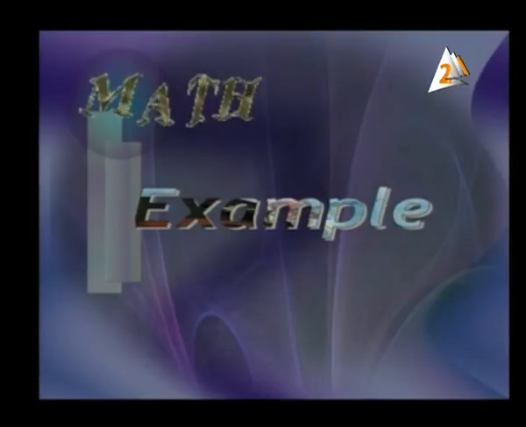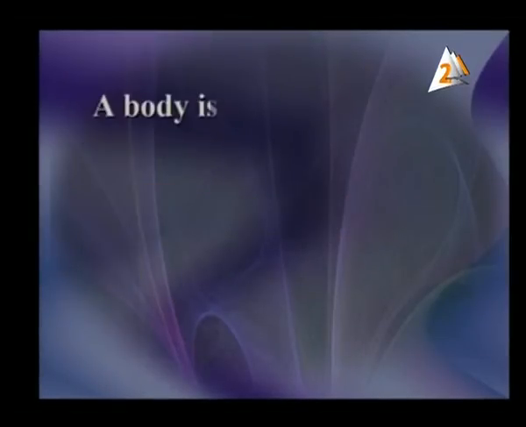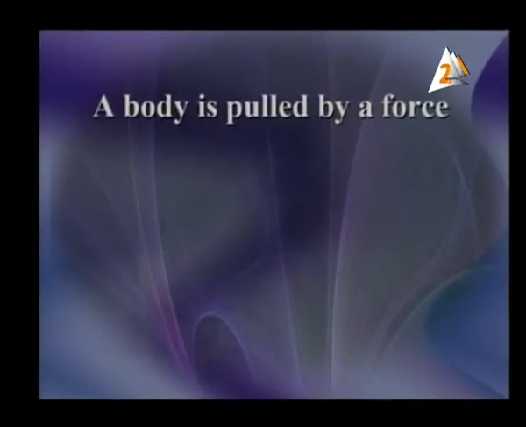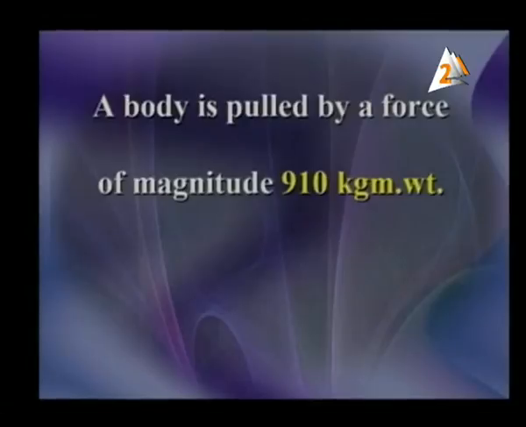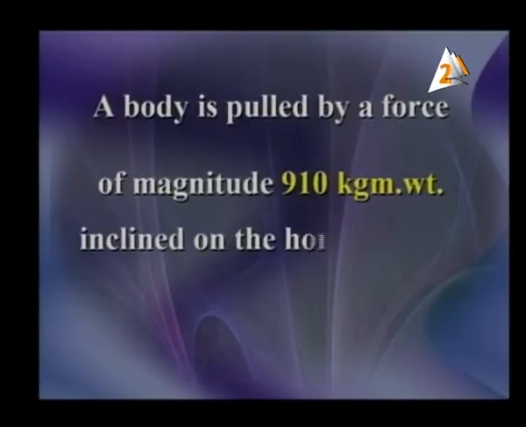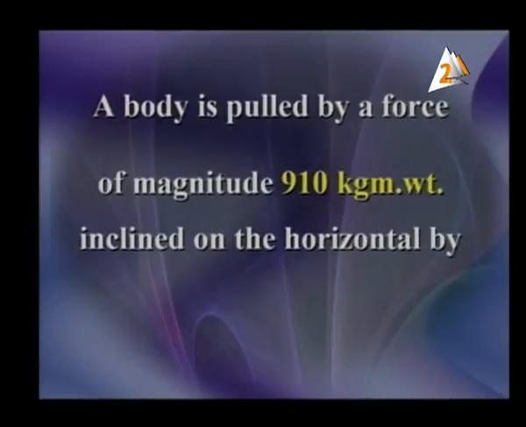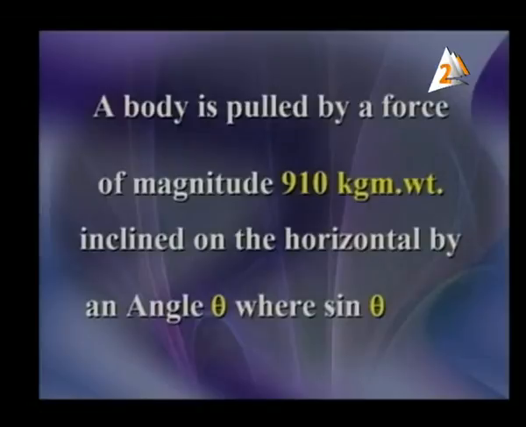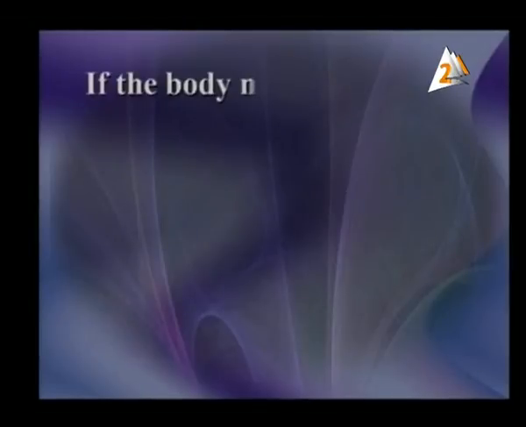Now let's go to another example. A body is pulled by a force of magnitude 910 kilogram weight, inclined on the horizontal by an angle theta, where sine theta equals 5 over 13.